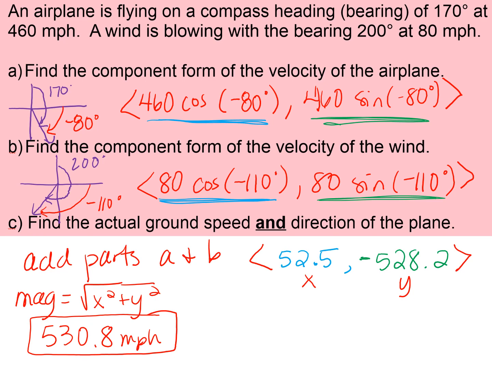So like we did in an earlier slide, to find the direction, so to find theta, we take the inverse tan of y over x. And when I plug that into my calculator, I got negative 84.3 degrees.